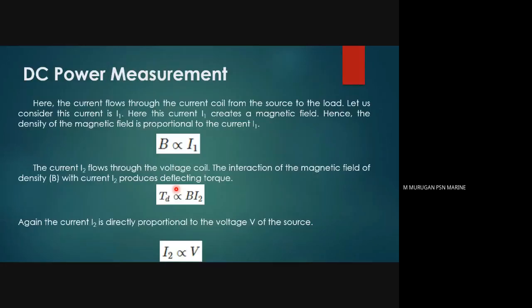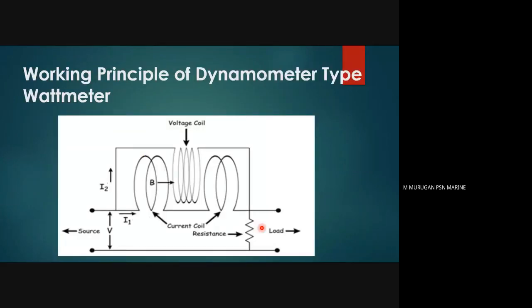So we can write that the deflecting torque is proportional to the flux density B into the current I2. Again, the current I2 is directly proportional to the voltage V of the source. From the diagram itself, we are connecting this coil between this point and this point, and the voltage is present across these points.